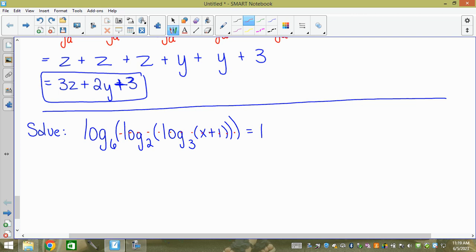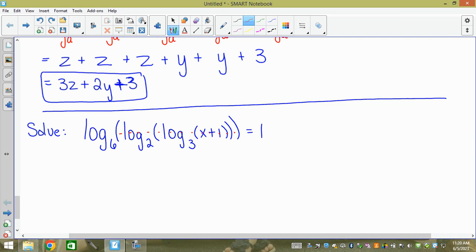How do I convert this to get that log to go away? 6 to the 1 equals the dashed red lines, right? If this is just what's inside that log base 6 of something equals 1, I can go 6, base my log becomes base my exponent, 6 to the 1 equals the red dashed line.